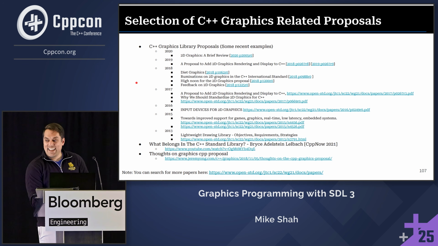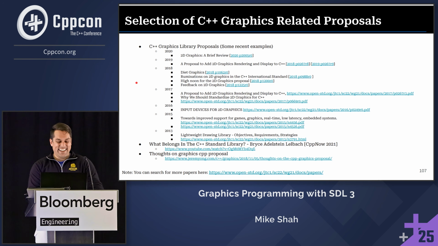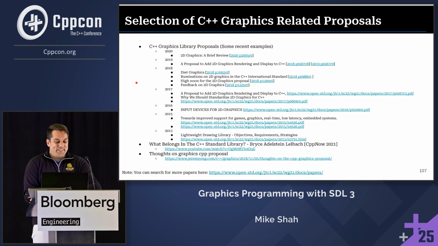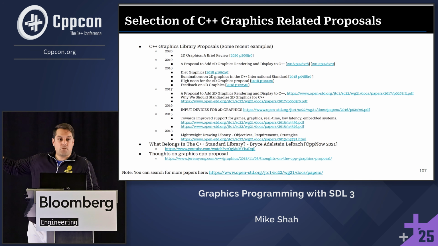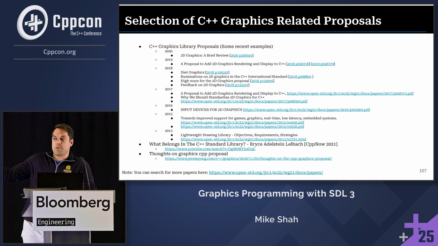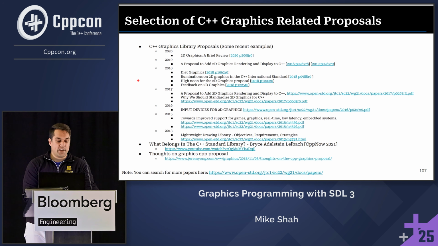I'm not saying any names, but I support it. But it is interesting to read through these, to see what you would have, or even if you're going to build your own graphics library on the side, to see what's in these proposals, what the commonalities are, and so on.